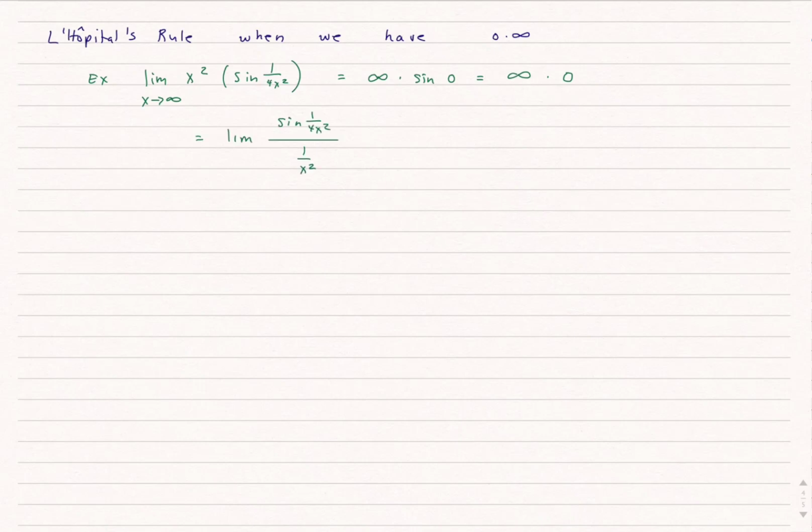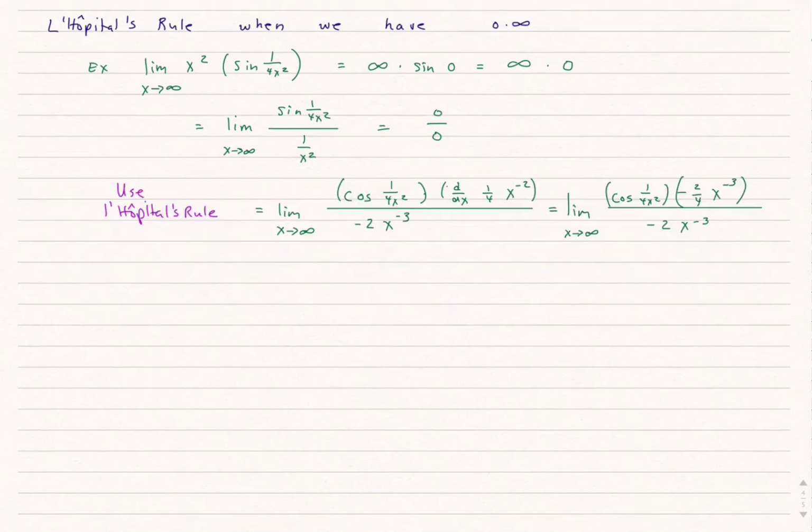If I rewrite this as the limit as x approaches infinity of sine of 1 over 4x squared divided by 1 over x squared, 1 over x squared is the same thing as x to the negative 2. Once I've rewritten it in this form, I see that that actually equals 0 over 0. So now I can use L'Hopital's rule.